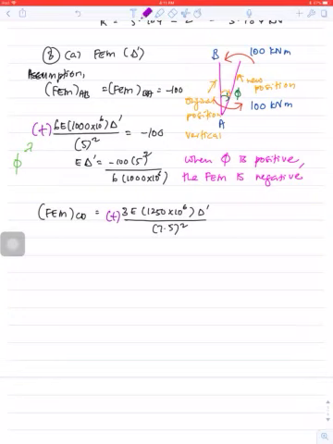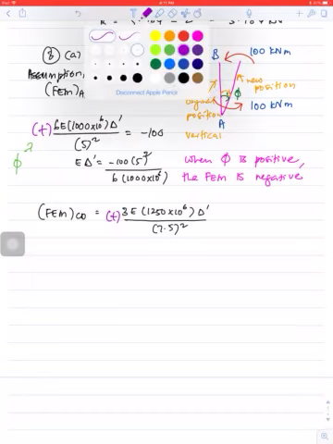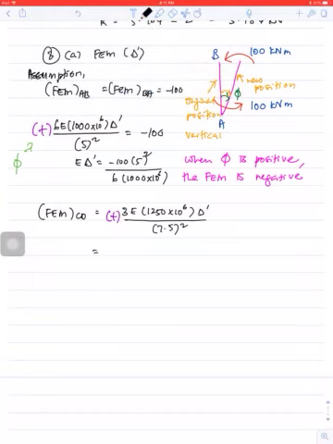Now we substitute E delta prime into this. So we have 3 times 1250 exponent 6 divided by 7.5 squared.